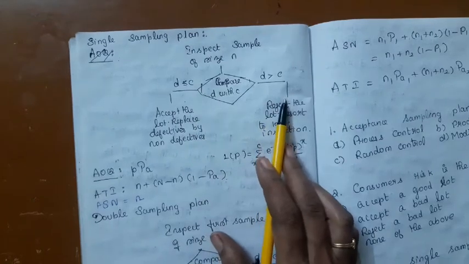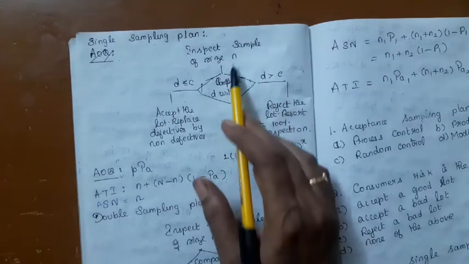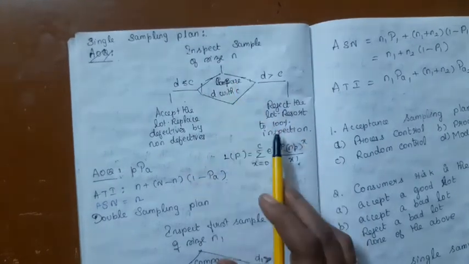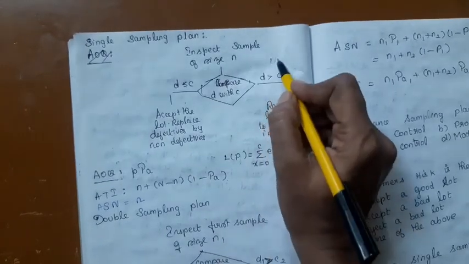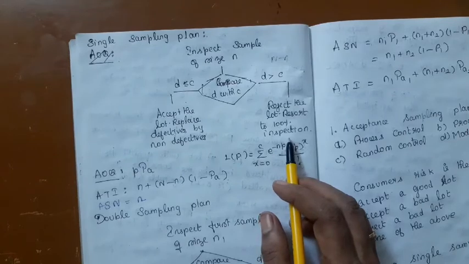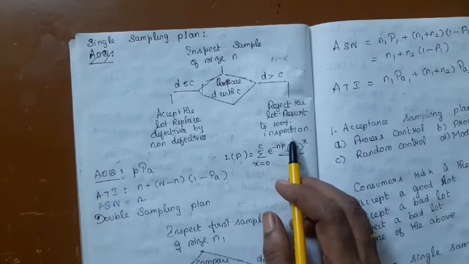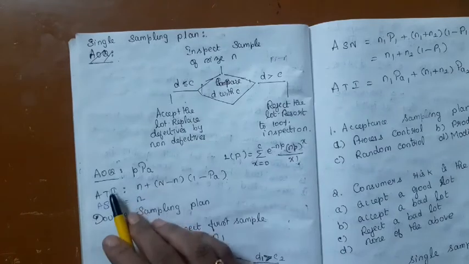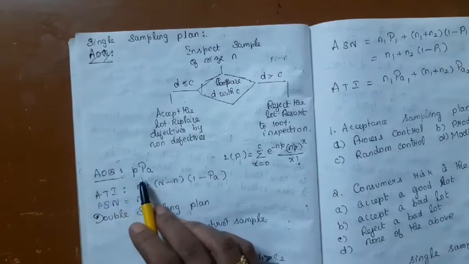But here, if the lot is rejected, already you have inspected n units. For the remaining N minus n units, you will perform 100% inspection and replace the defective items with non-defective items. For this plan, the AOQ value is P into probability of accepting the lot.